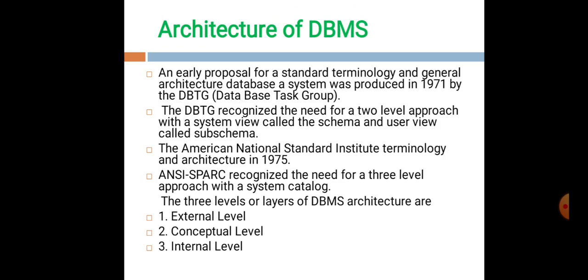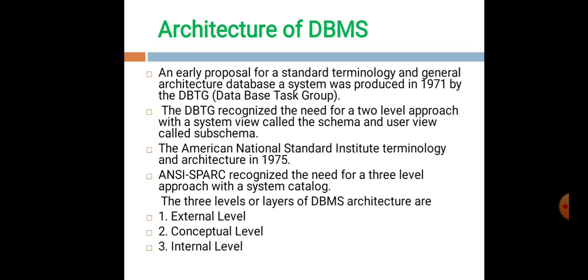Architecture of DBMS. The database system was proposed in 1970 by DBTG, that is Database Task Group. It organized a two-level approach with the system view called schema and user view called subschema.